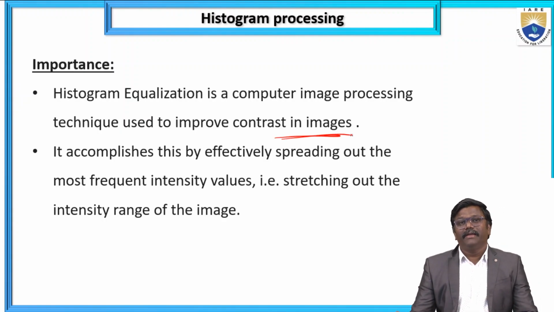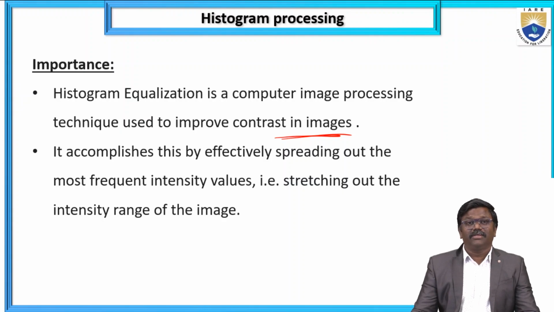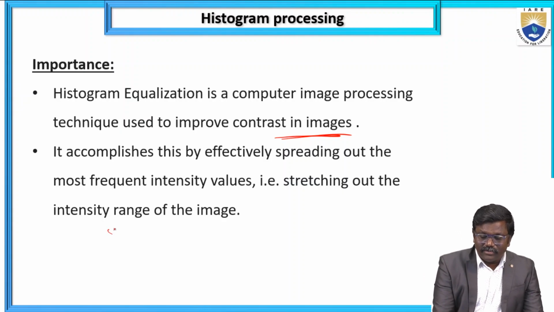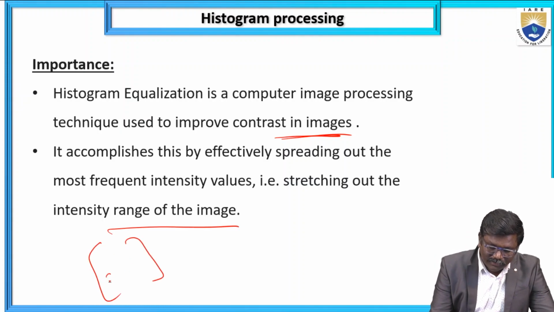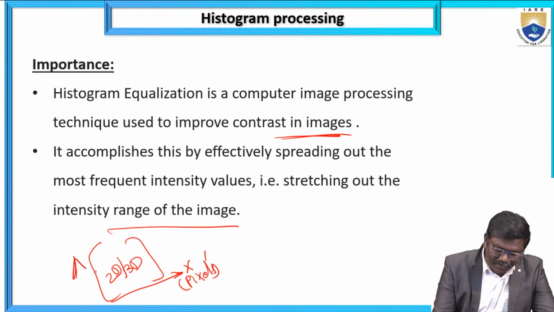It accomplishes this by effectively spreading out the most frequent intensity values, that is, stretching out the intensity range of the image. Your image, either 2D or 3D, has pixels on the x-axis, and intensity values on the y-axis.